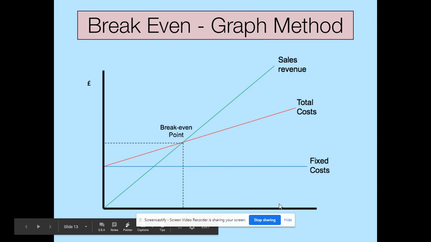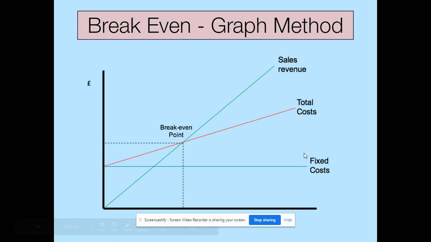Okay, these are the units, remember. So if I am producing more and more units, my fixed costs remain the same. That's why it stays like that and it does not change. Fixed costs will be the exact same no matter how much I sell or produce. Remember that, okay? That's why it's horizontal and it doesn't go upward sloping.